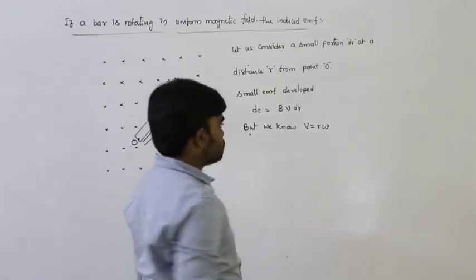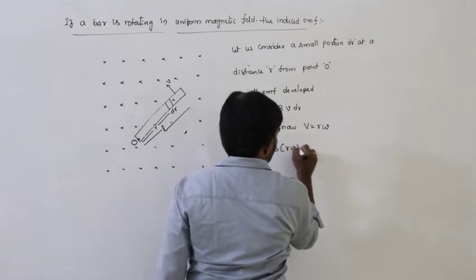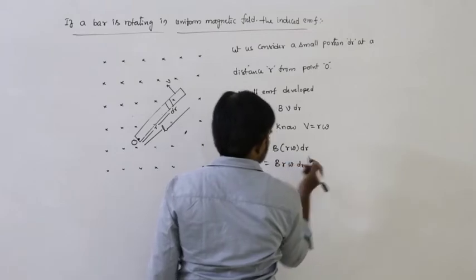That is why v equals r omega. So dE equals B r omega dr.